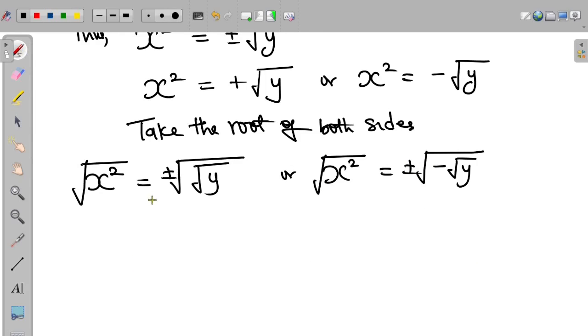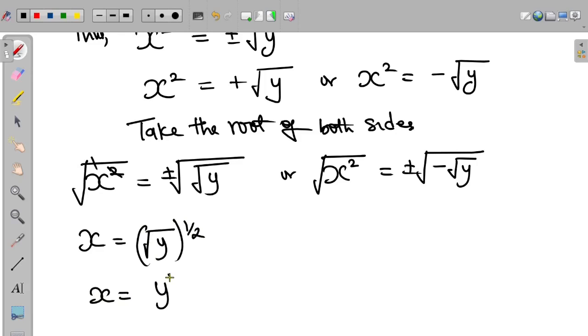Now, at this point, square will cancel out the root, so x is equal to root of y all raised to the power of 1 divided by 2, and x is equal to y raised to the power of 1 divided by 2 all raised to the power of 1 divided by 2.